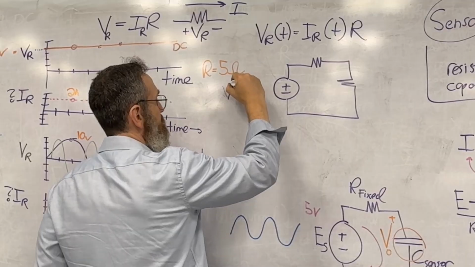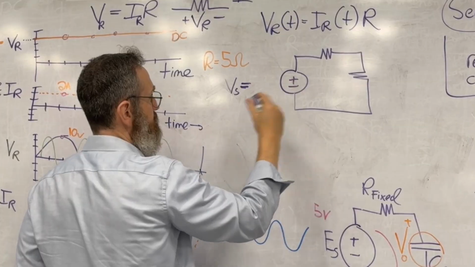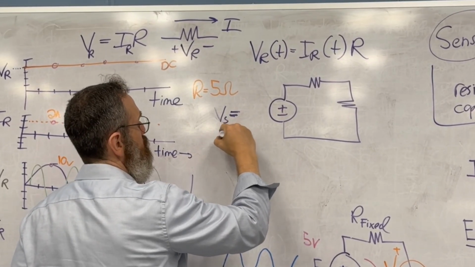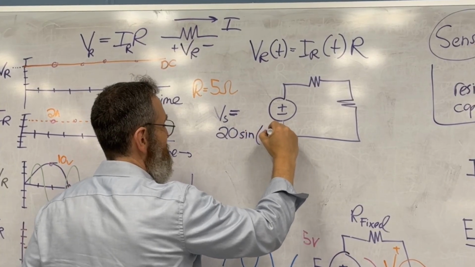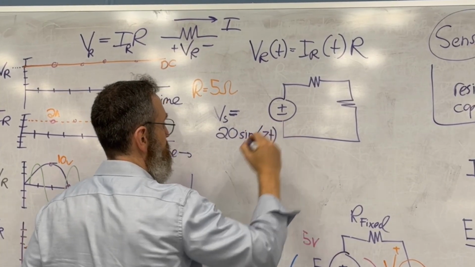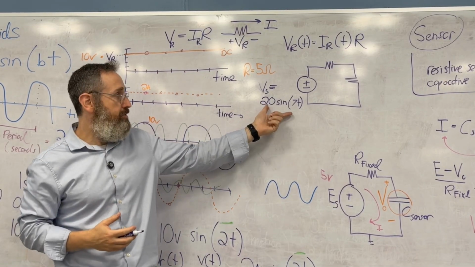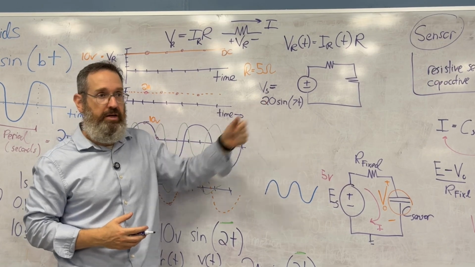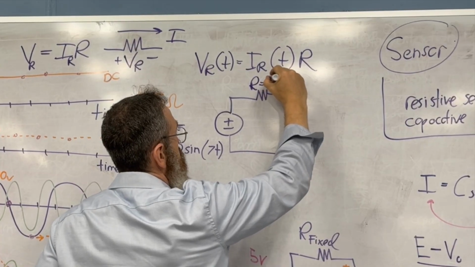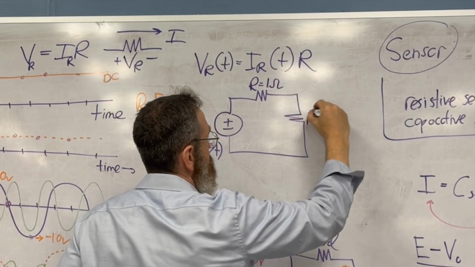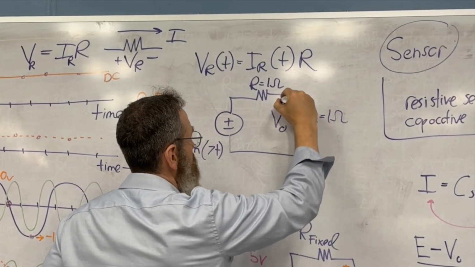The input here, Vs, is equal to 20 sine of 7t. I'm using just odd numbers on purpose, because this could have been any numbers. You shouldn't be intimidated by the fact that there's a number. This resistance here is 1 ohm. And this resistance here, well, now I'll use simple notation, is also 1 ohm. What is V out?